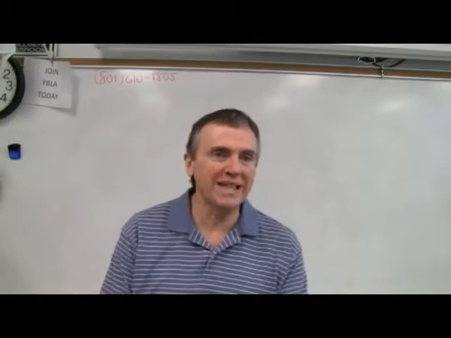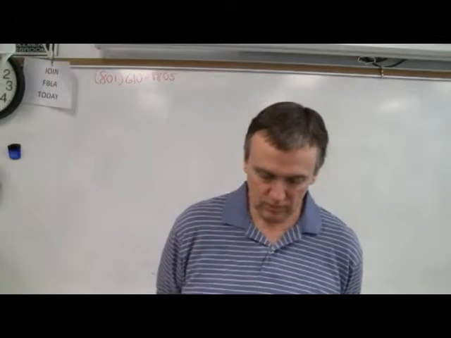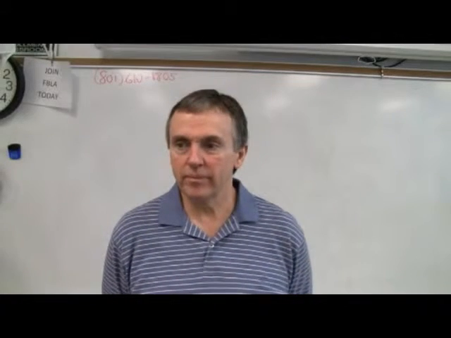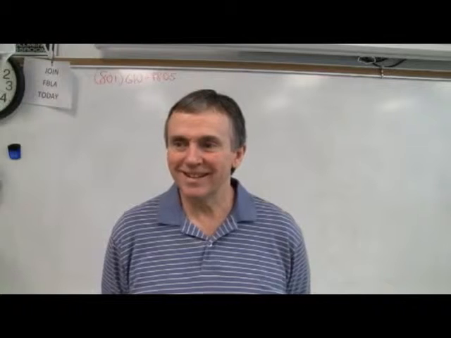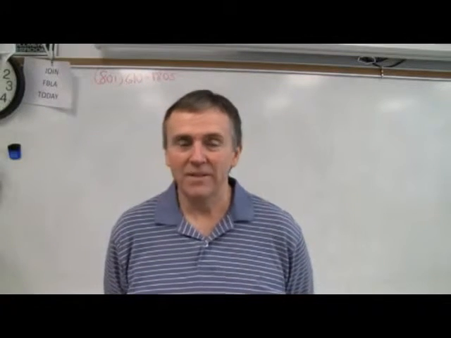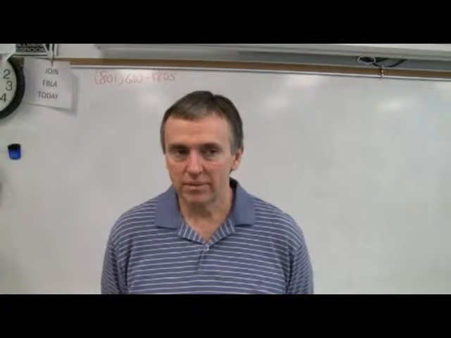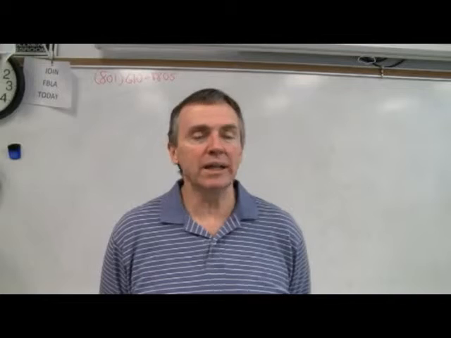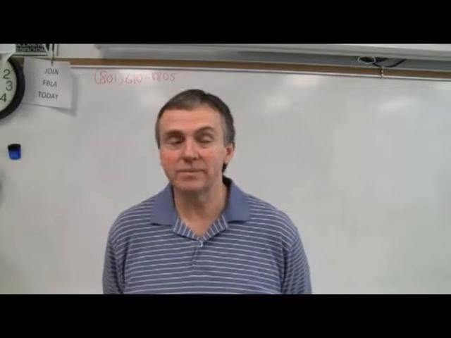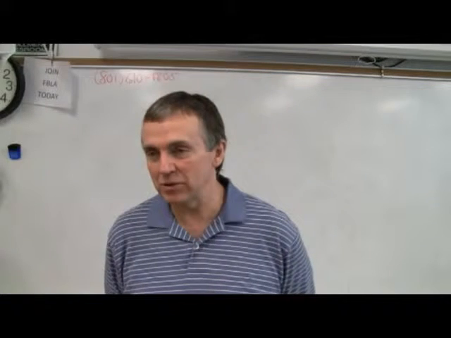Accumulated depreciation is what kind of account? Assets. Accumulated depreciation is what kind of account? It's actually a contra account. A contra account is kind of a device we use in accounting.